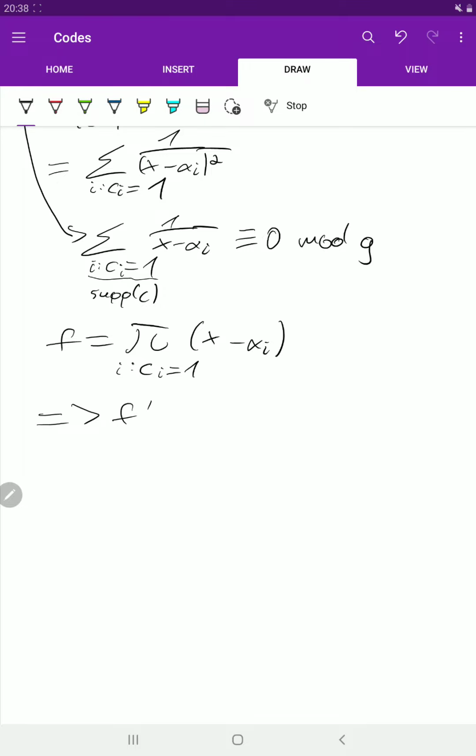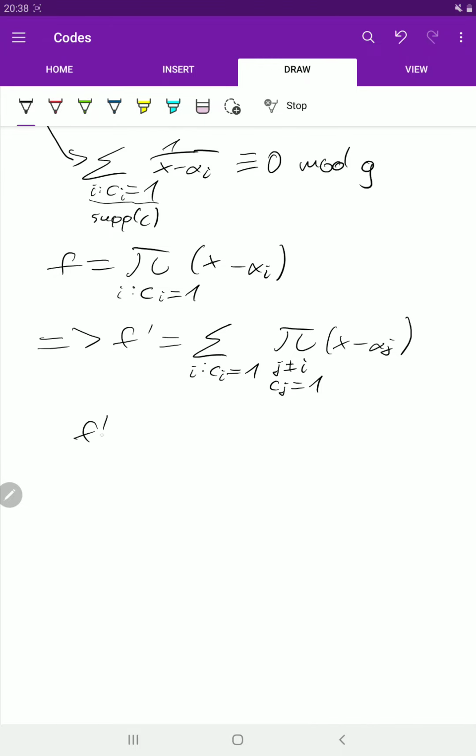And now let's look at the derivative of f, which is just the sum over the i where ci is 1. Then we get a product over the j not equal to i where cj is 1, then x minus alpha j.